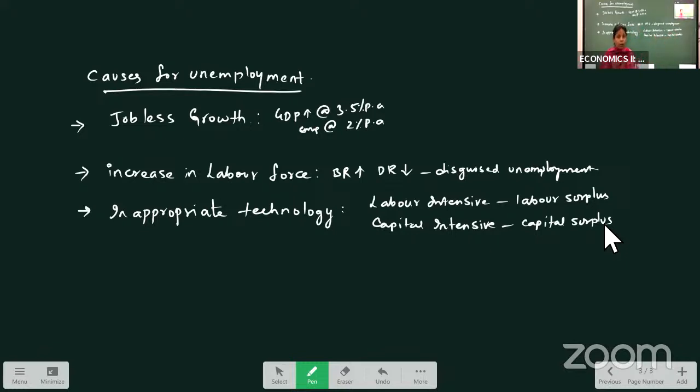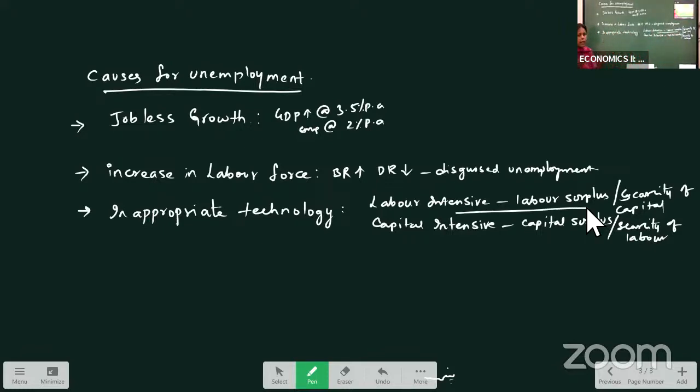That means we depend more on technology and machinery. In a labor surplus economy, there is a scarcity of capital, whereas in a capital surplus economy, there is a scarcity of labor. As India is a labor surplus economy, and capital is very scarce, we have to follow labor intensive techniques, not only in the industrial sector but also in agriculture.